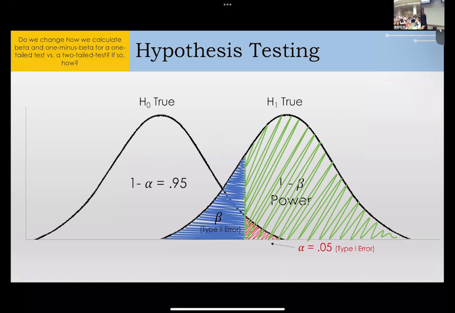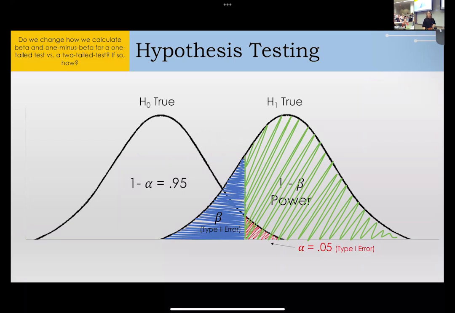The first thing I want to do is just look at this curve and make one thing super clear. These two curves, let's call them worlds. These two worlds are separate from each other, right? They don't exist on the same plane. I have them overlapping because that's kind of how we think about it when we're hypothesis testing.